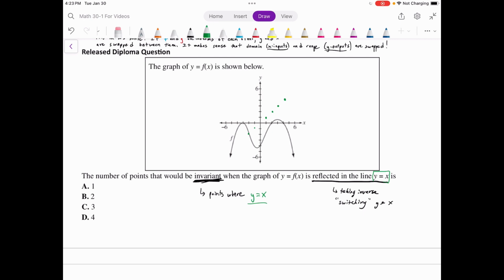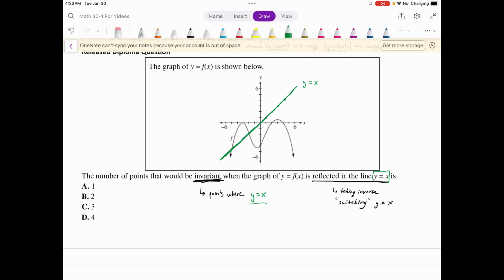So why don't we just do our best to draw in the line y equals x and see how many points on our graph, the graph of our function f of x, are on that line? Because if they're not on the line y equals x, then that point will not be invariant, because at that point the y value does not equal the x value.